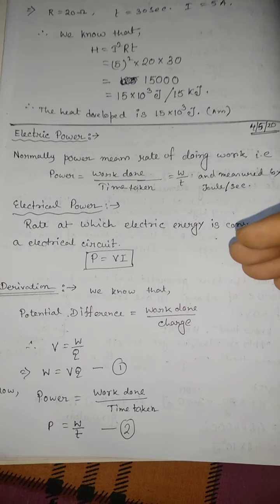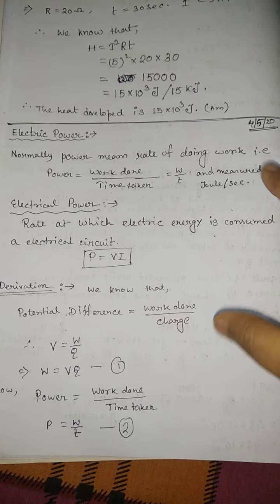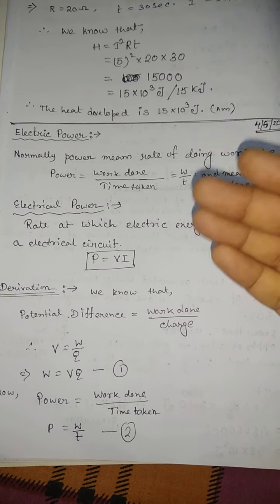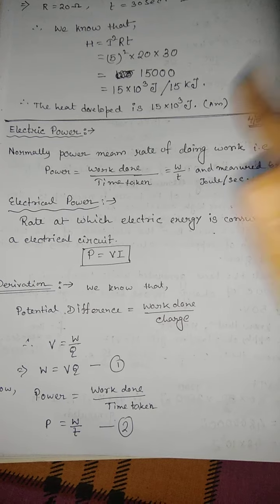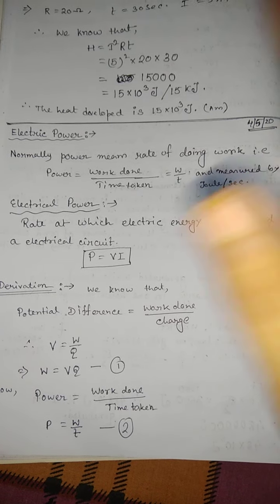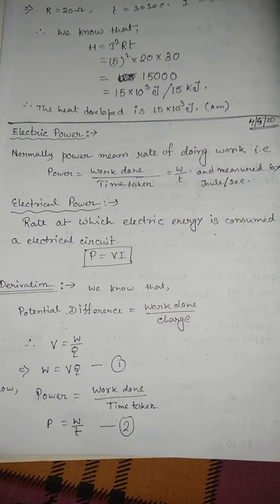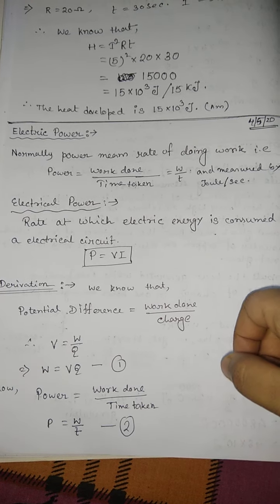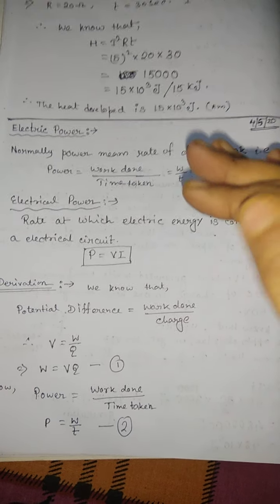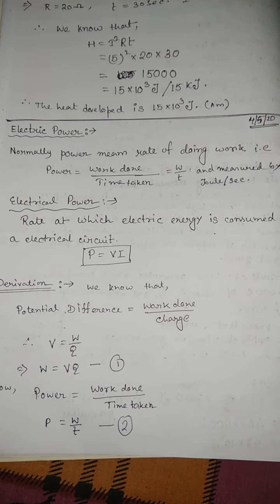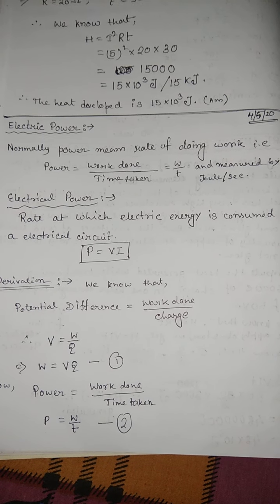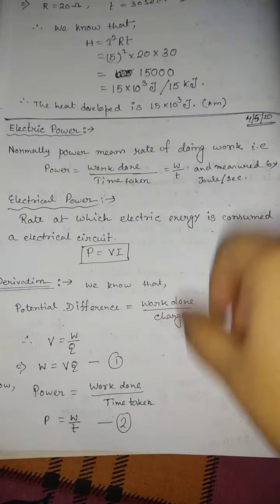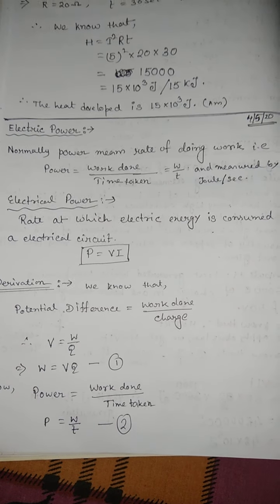In this chapter, because this is related to electricity, this power is defined as electrical power, because electric charge is displaced from one position to another position. That's why we get the electric current. Because of the displacement of electric charge, work has to be done by the electric charge in a certain time.